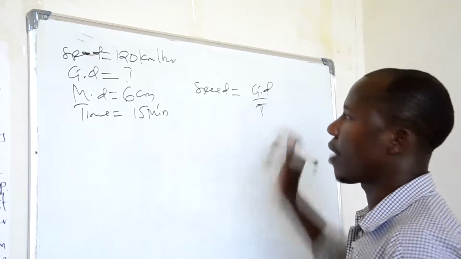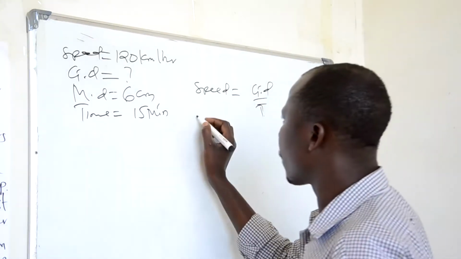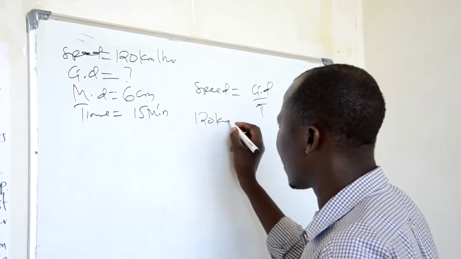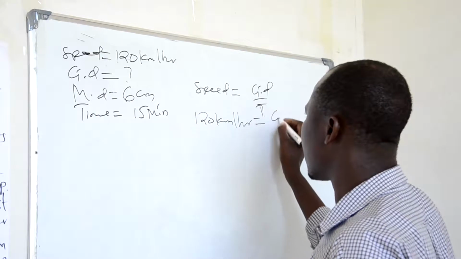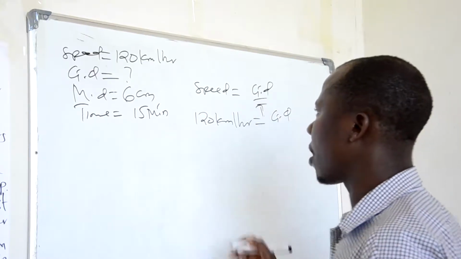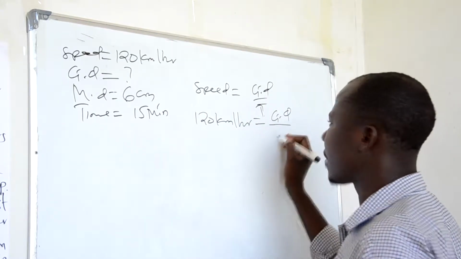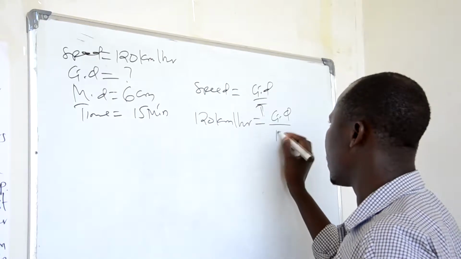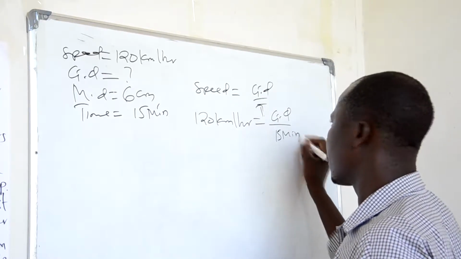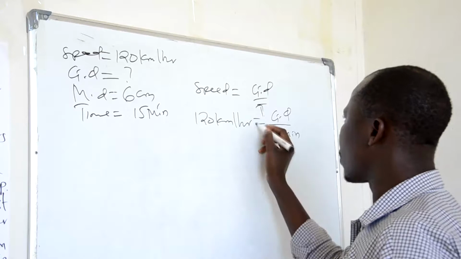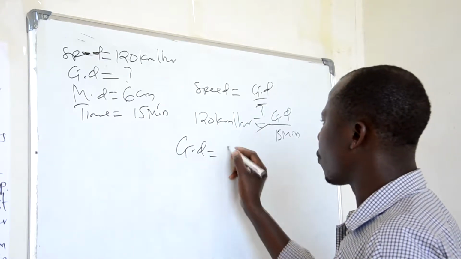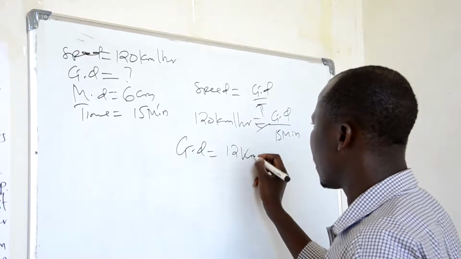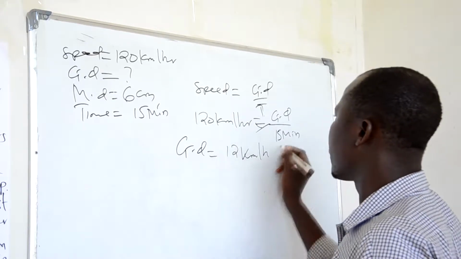Therefore, speed we have, 120 km per hour, is equal to ground distance, which we don't have, over time. Time we have, 15 minutes. Therefore, we have to cross multiply. Ground distance is equal to 120 km per hour times 15 minutes.